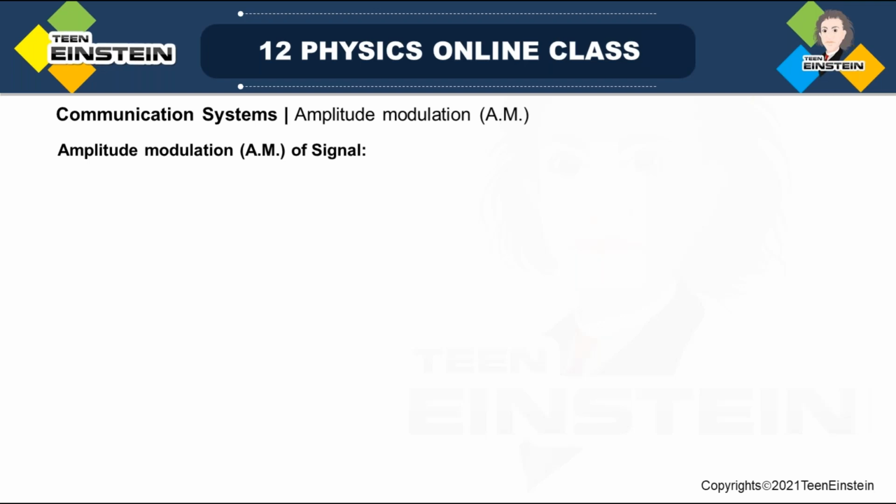What is the second? There are other advantages also, like it requires a very simple and cheaper transmitter and receiver. The transmitter has to be a very simple one. You need not have a very complicated transmitter or receiver. And transmission requires a very low frequency band. How much? 0.5 to 20 megahertz.